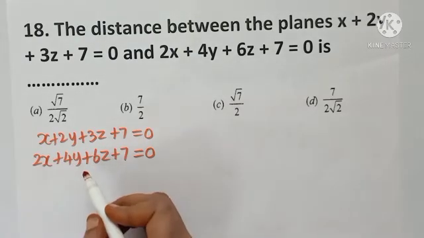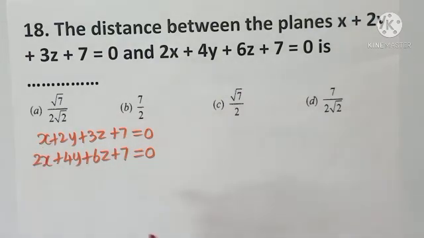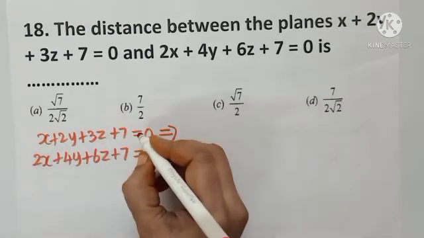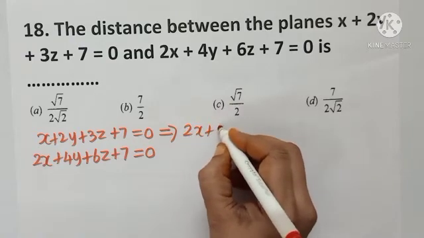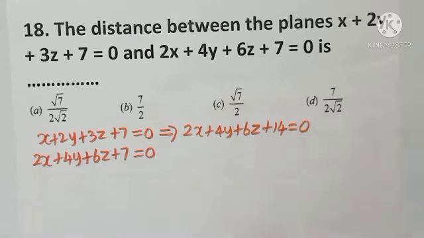So let us multiply the first equation by 2, or we can divide the second equation by 2, whichever is convenient. As I multiply this by 2, I get 2x plus 4y plus 6z plus 14 equal to 0.